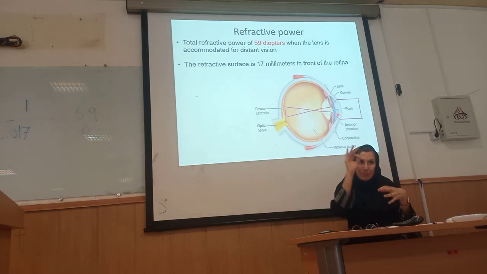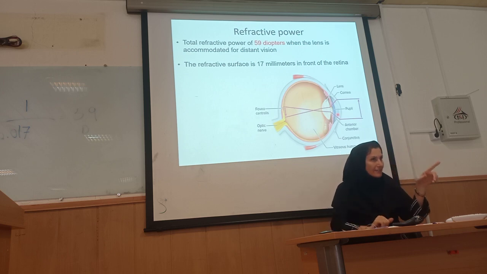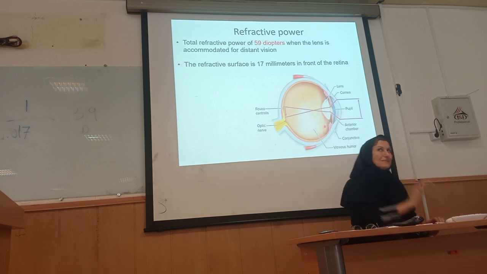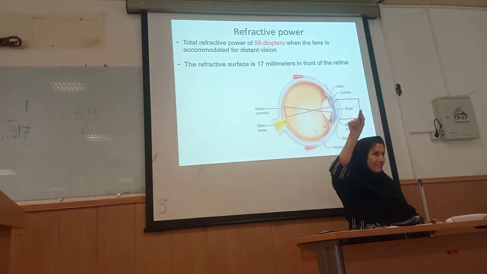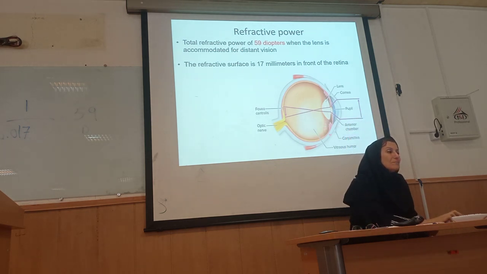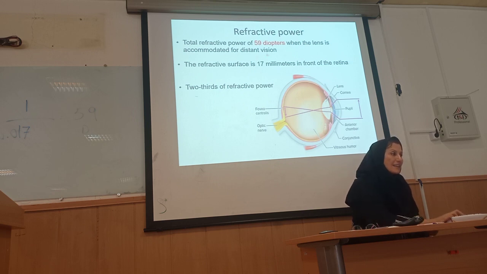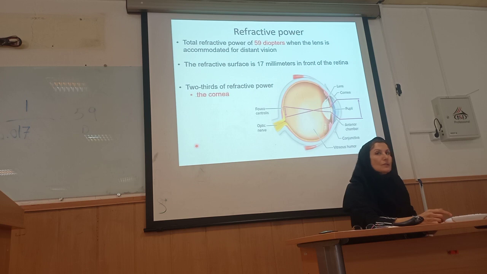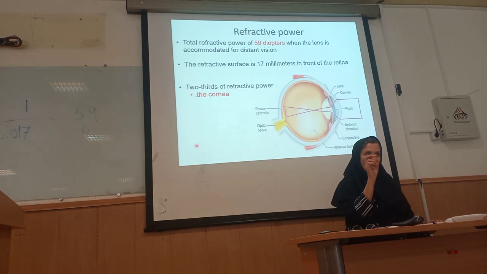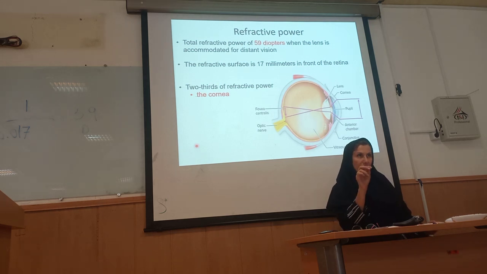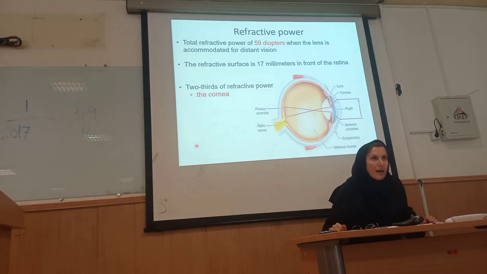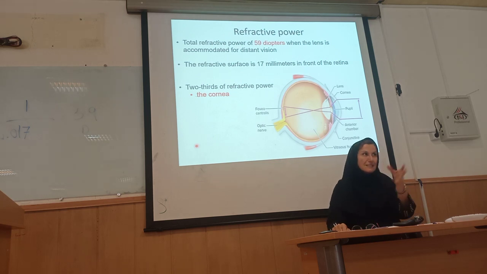That's why the bending of the light rays for something that we want to see in the farthest part is by the cornea. So I can say 2/3 of this refractive power is by the cornea, about 40 diopters, and the other about 19 to 20 is for the lens.